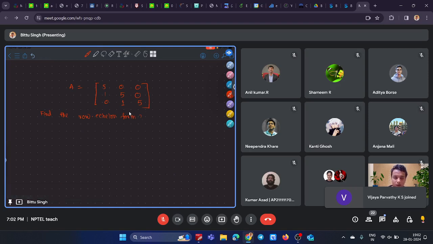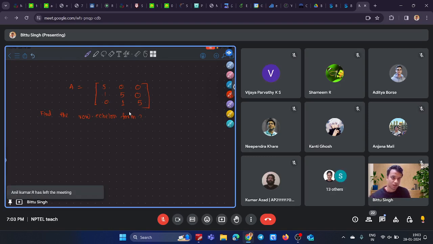How do you find the row echelon form? You have to reduce the matrix. The given matrix is A. So how can we reduce? The way for reducing is like this.